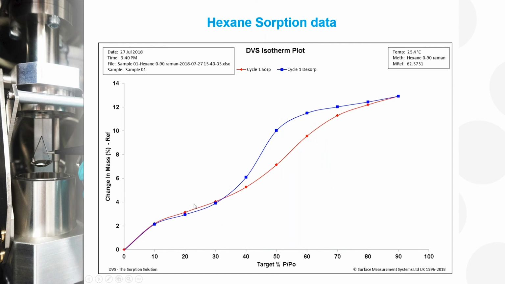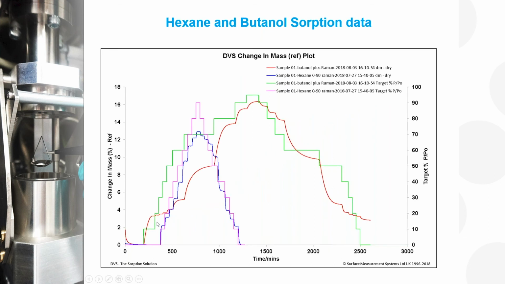And the isotherm looks like this. It's perfectly reversible. It has a gap of hysteresis in this section, but it goes back to the initial value. If we compare it with butanol, this is your hexane in blue and your butanol in red. What you can see here is that butanol has a much higher uptake, about 16% mass change, and it is non-reversible, so it doesn't go back to the initial value.